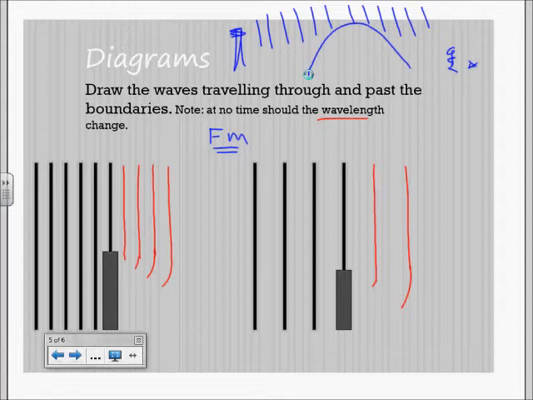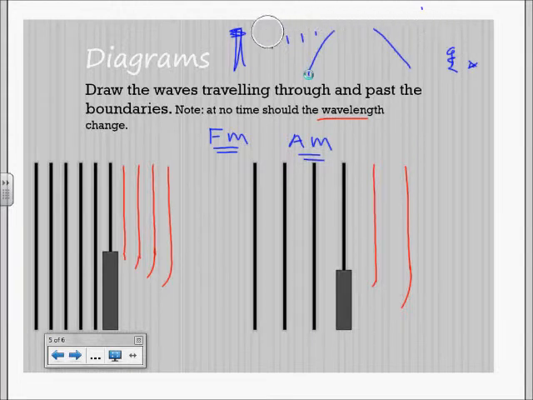But if instead it was a radio station transmitting on AM, which stands for, sorry, it stands for amplitude modulated, I should say. Then the wavelength for those radio waves is longer, and because the wavelength is longer, those particular waves are able to diffract more. So let's say that's the longer wavelength. They come over here, and they're actually able to get round in behind and fill in the gap.